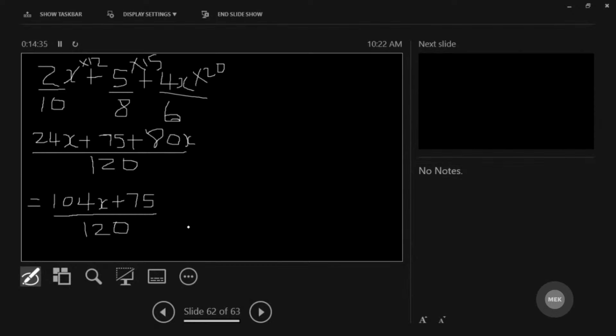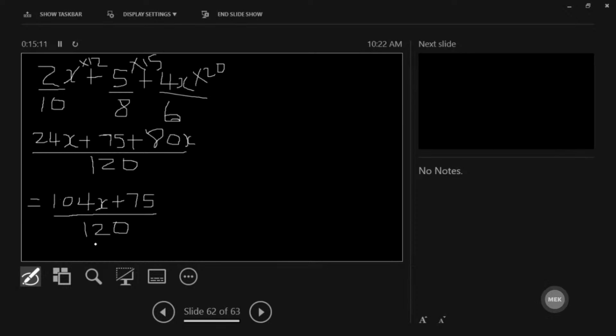Now, this is as simple as it gets because even though there is a number, for example 5, which we can use to cancel the 75 and the 120, 5 can't go into 104. When you see a fraction like this, with any number of terms in the numerator, and it's all over something in the denominator, the only way you can cancel is if you can find a number that can go into all 3 terms, not just 2 of them.